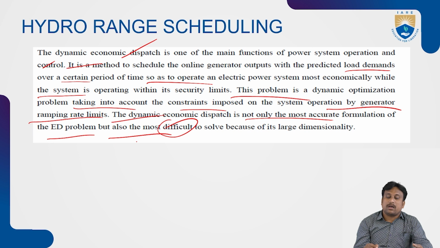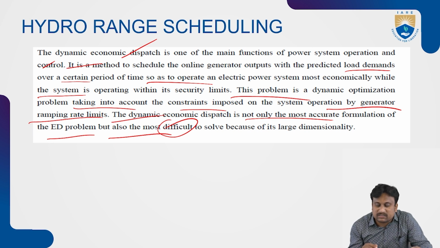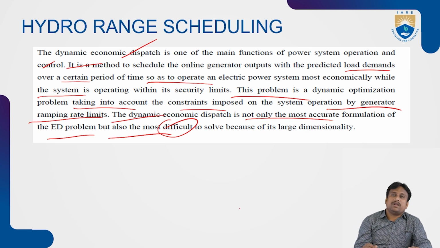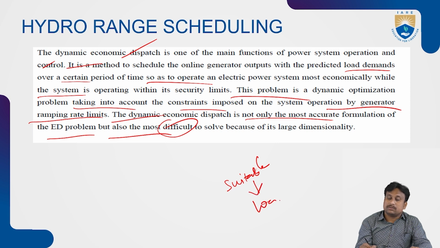This dynamic economic dispatch accurately formulates the results within limits. Because of the constraints imposed on the system, dynamic optimization is taken into consideration. This is for a period of time, and it is predicted for suitable loads.